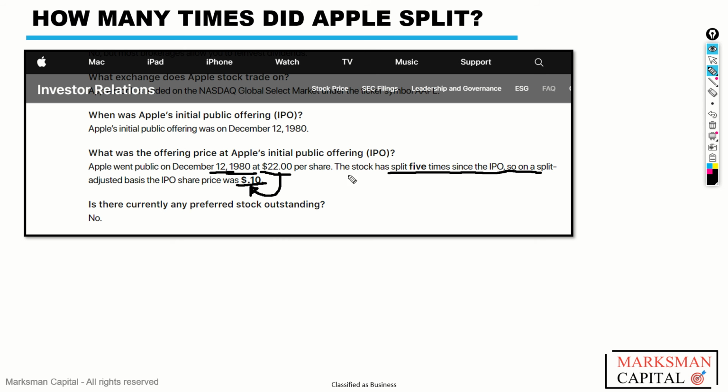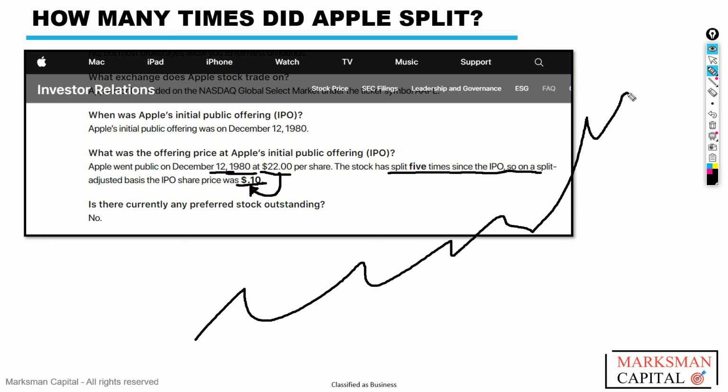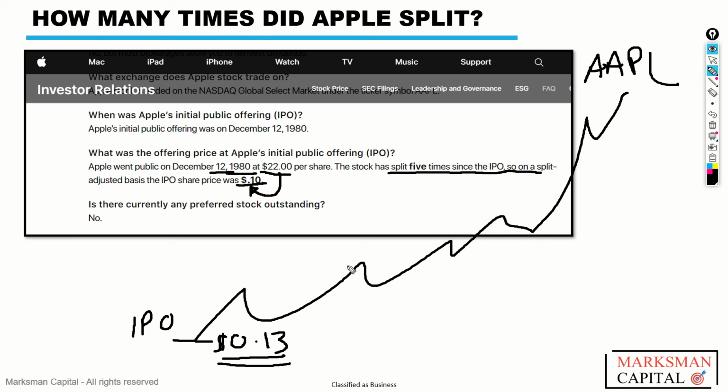So for beginners, new investors, when you look at the Apple stock chart and at the IPO date, you might find that the price is very low, around 13 cents at that time. This 13 cents is not where they were publicly listed.